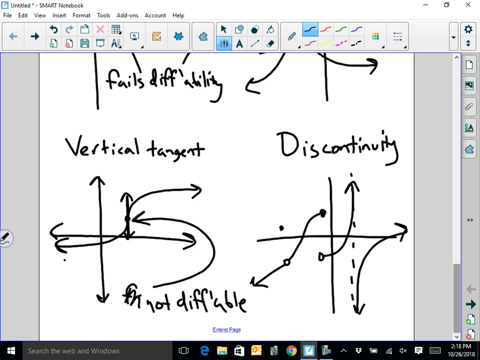So all of these points, whether it's a removable discontinuity, a jump discontinuity, or an infinite discontinuity, at all those places, I can't take a derivative. It has to be continuous. So differentiability implies continuity. If something is not continuous, it's automatically not differentiable either. It works in the reverse way as well. If something is guaranteed to be differentiable, we know for sure it is continuous. We'll look at an example.